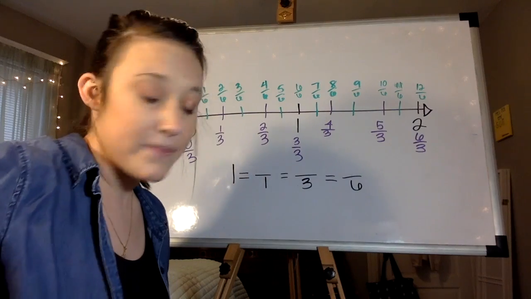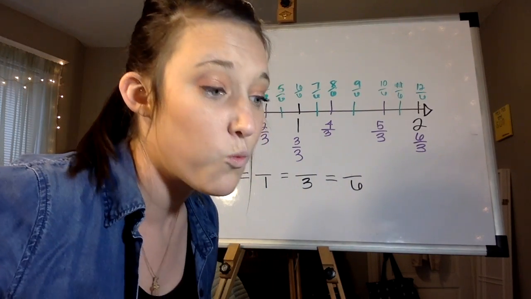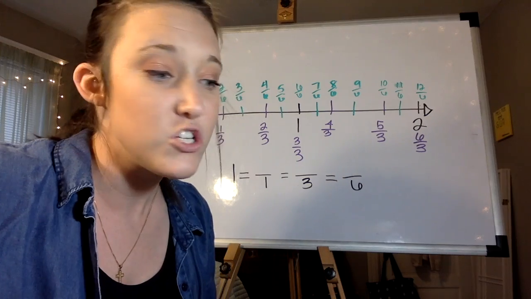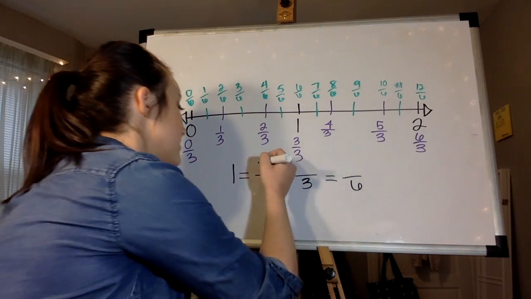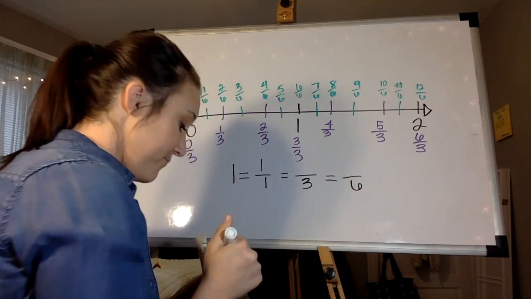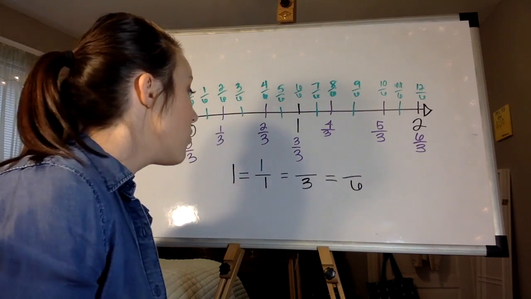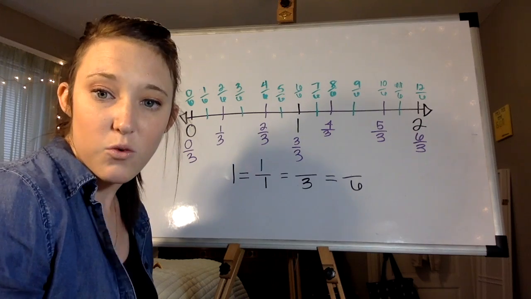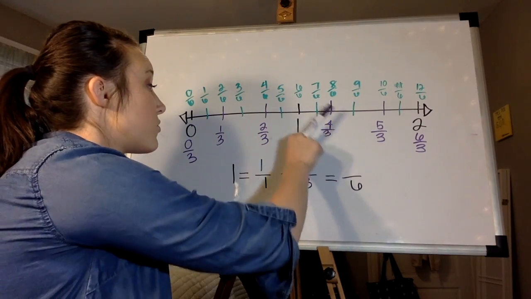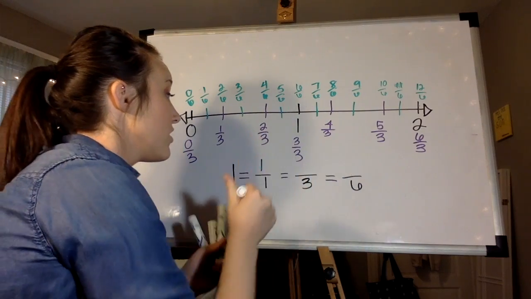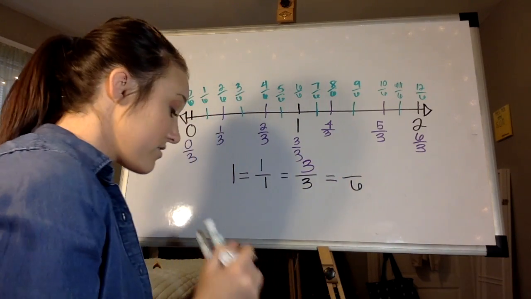If you remember back up at the top, at the very first example that we did, it says 1 whole divided into 1 part is written as 1 over 1. So that's what this is, 1 over 1, okay? Now I'm going to look at my thirds. 1 whole equals something along my thirds. 1 whole is equivalent to this fraction right here. So 1 whole is also equivalent to 3 thirds.